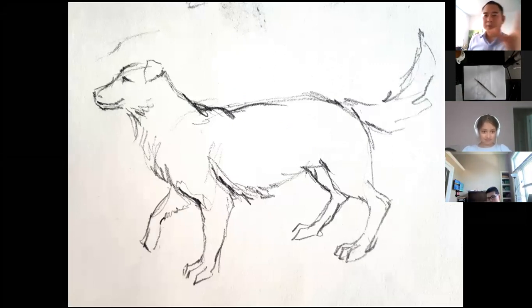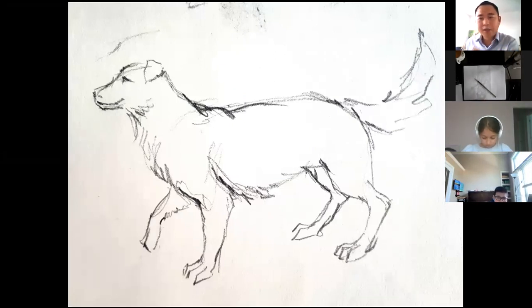Okay, this is the mammal. And we're using the dog to represent all the animals, at least all the animals that walk on the land, not swimming in the river. So this is the animal, this is the mammal. And how do we simplify it and how do we draw it generally?